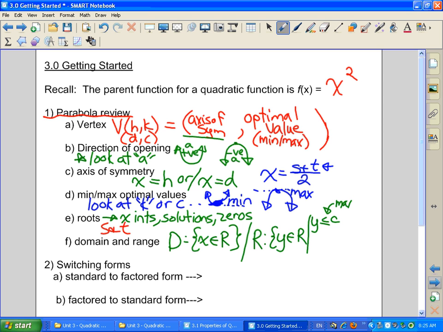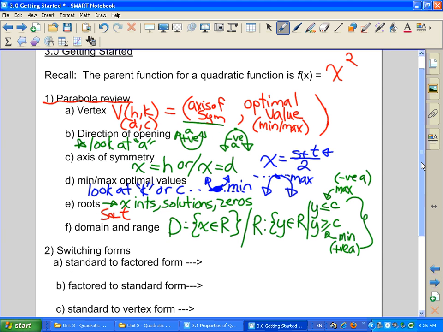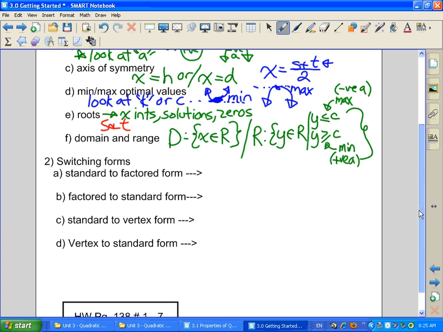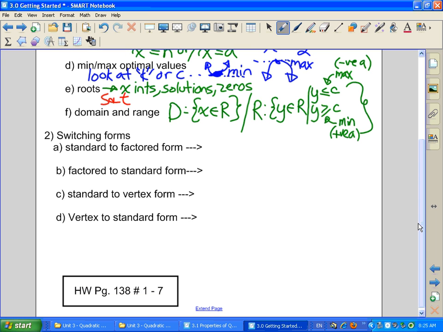So it opens down, which means if you have a maximum, you have a negative a. So that's that case. Or it's going to be greater than or equal to C, given that this is a minimum or a positive A. So again, that restriction is based upon direction of opening and your optimal value, which is your y value of your coordinate.